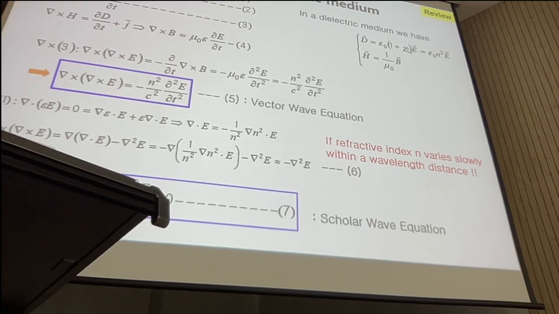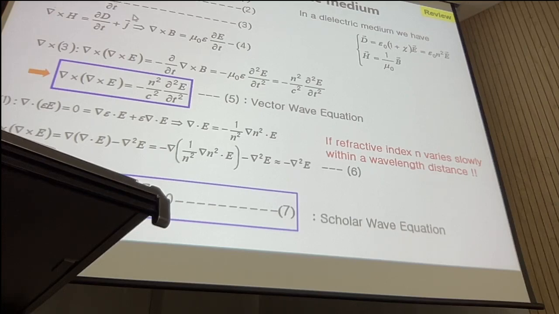So 1 plus chi becomes n square, where n is the refractive index. And H is just 1 over mu 0 B. So we have the four Maxwell's equations in terms of electric field E and magnetic field B, like this.